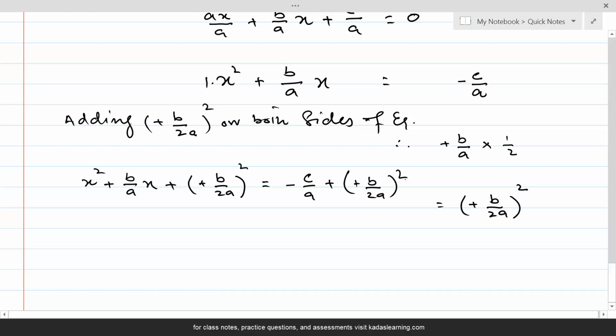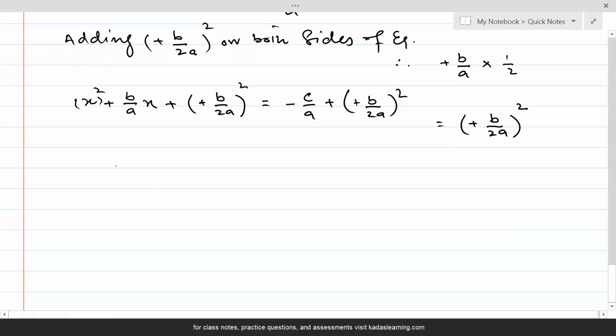So on the left hand side, the equation that we get is a full square of x plus b over 2a whole square equal to, this would be b square over 4a square minus c over a.